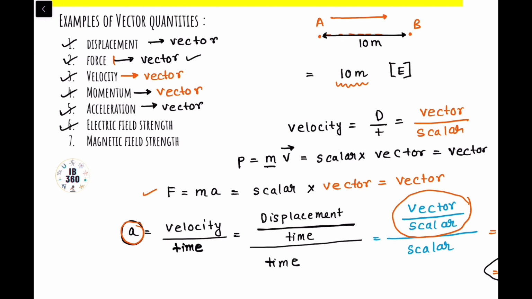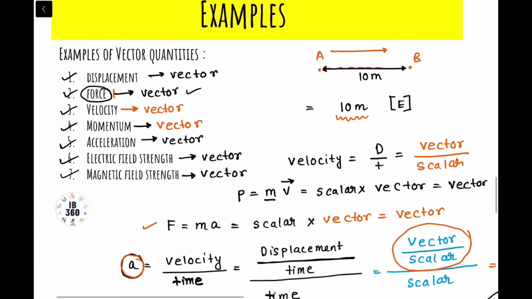And these two, electric field strength, is nothing but a form of force, so this will also be a vector quantity. Magnetic field strength is also but a form of force. Any force is a vector quantity. So if you know displacement as a vector quantity and the five minor scalar quantities that we discussed previously, you can calculate for any quantity whether it will be a scalar quantity or a vector quantity.